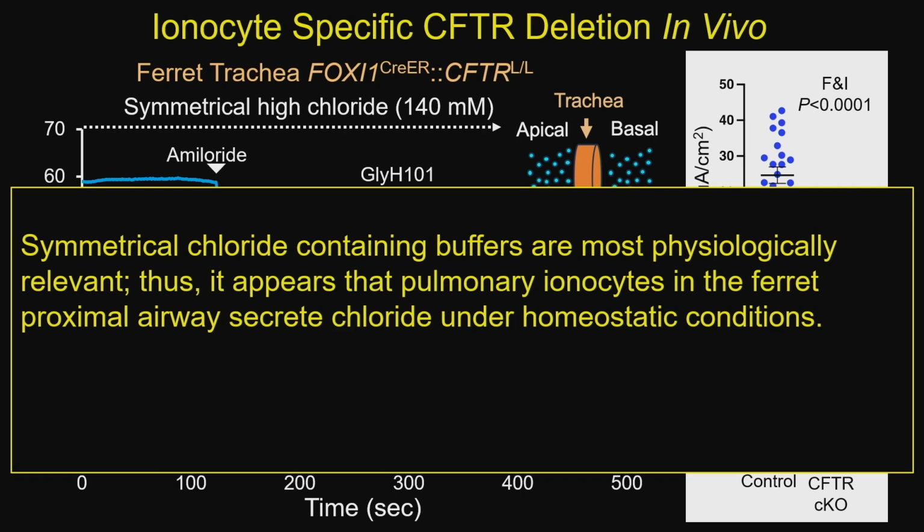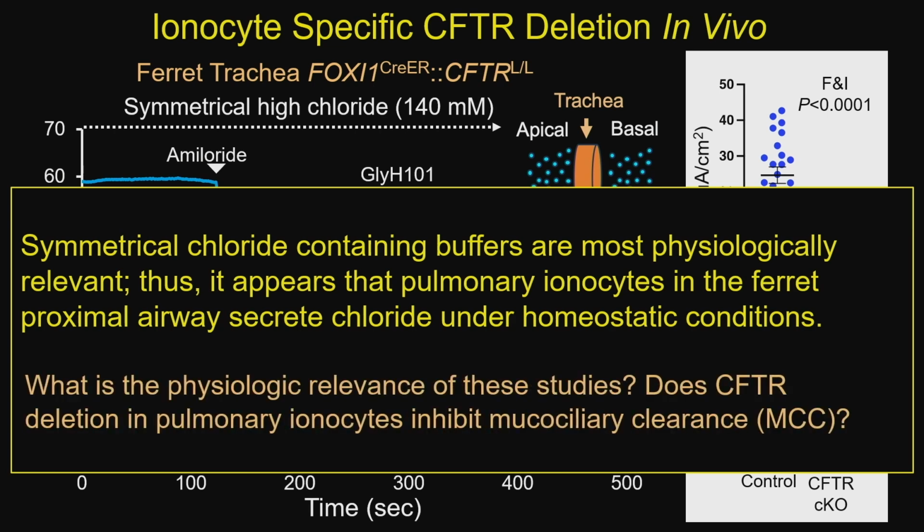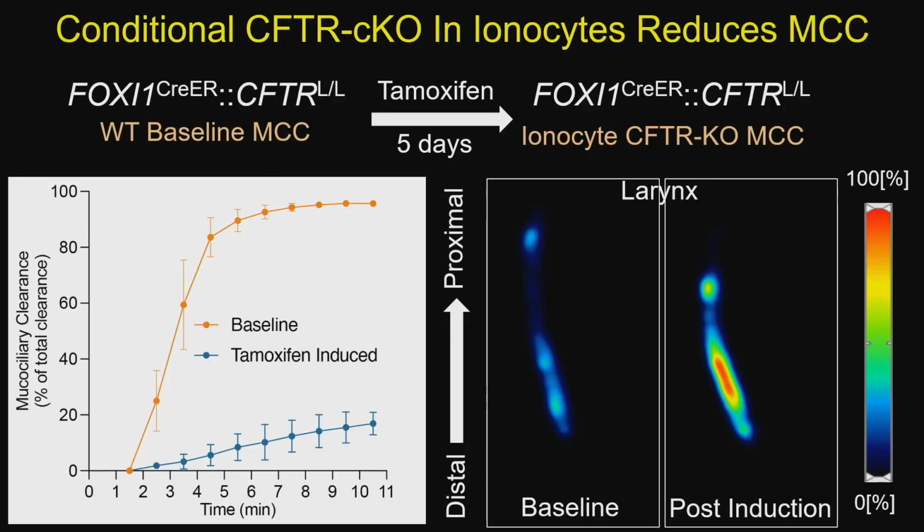So symmetrical chloride-containing buffers are most physiologic in my opinion, and it appears that pulmonary ionocytes in the ferret secrete chloride under homeostatic conditions. So this is no gradient. It's just asking what's the direction of the current under clamp conditions. So what's the physiological relevance of this? Does CFTR in pulmonary ionocytes inhibit MCC? This was in the Nature paper, but I just want to show it here.